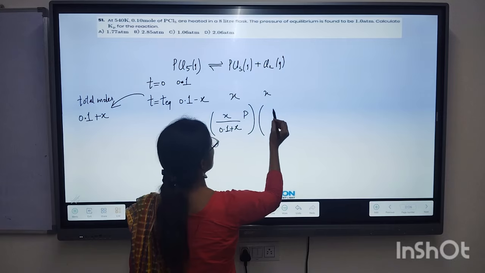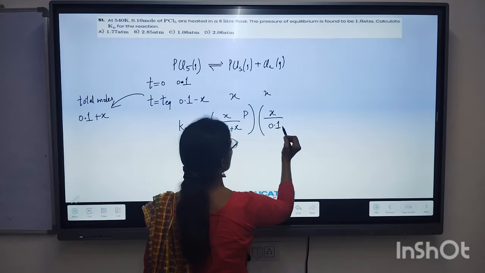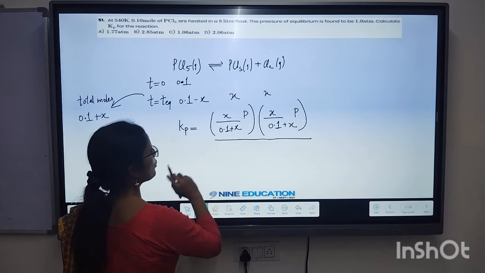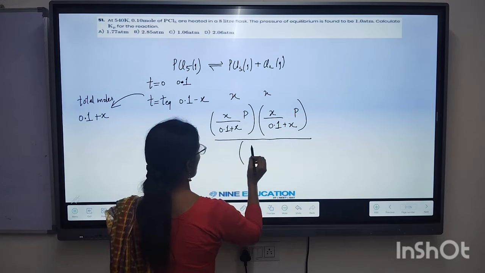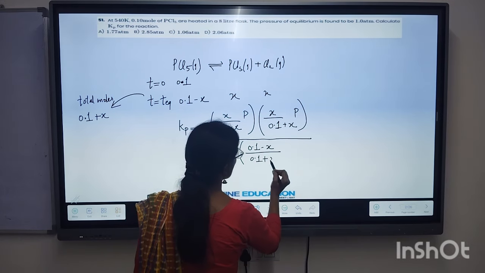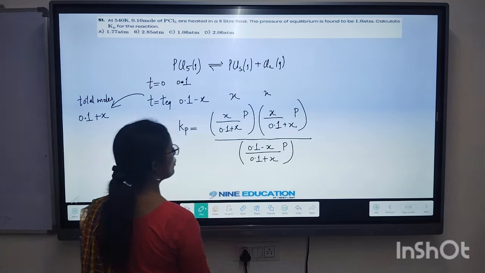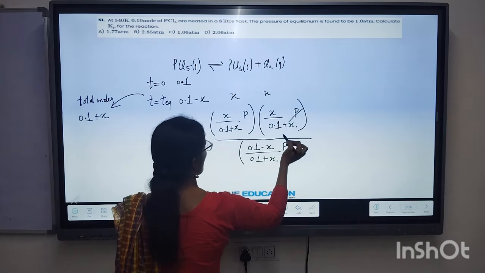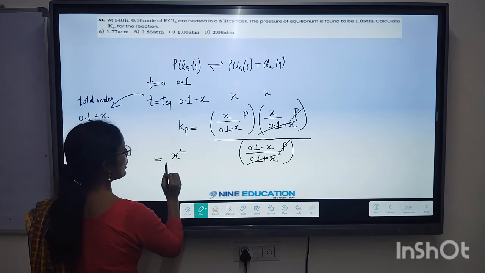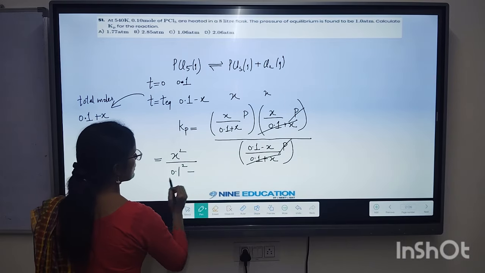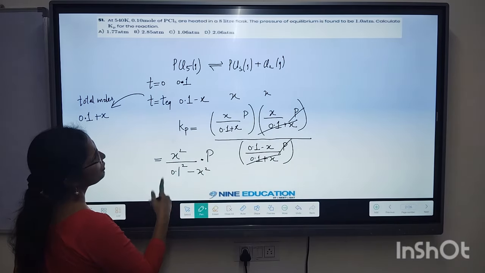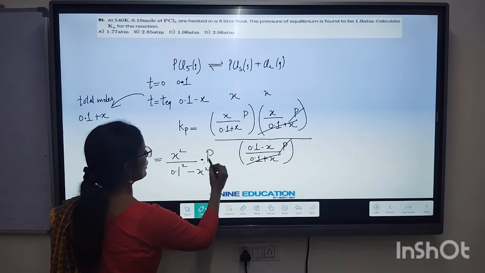And for Cl2 also you will be writing X divided by 0.1 plus X into capital P, divided by, for PCl5, the mole fraction, which will be 0.1 minus X divided by 0.1 plus X into capital P. Now when you simplify it, you will see capital P cancels out, 0.1 plus X cancels out, and what will be left is X square divided by 0.1 square minus X square into capital P. And capital P, the pressure at equilibrium, is given as 1 atm.